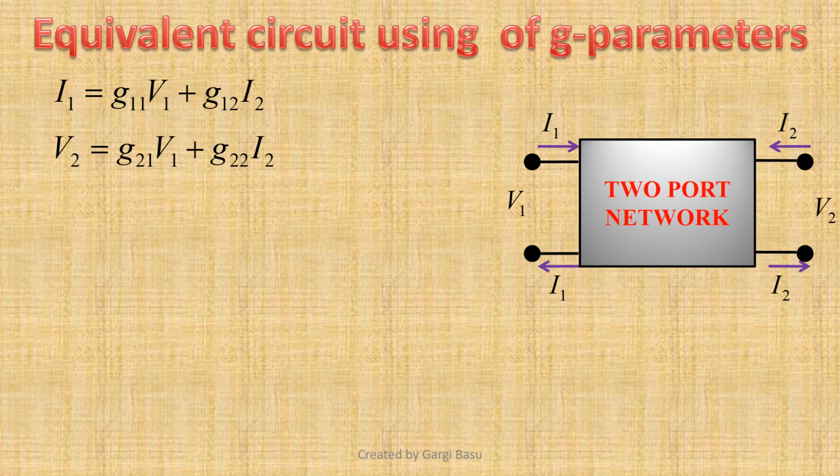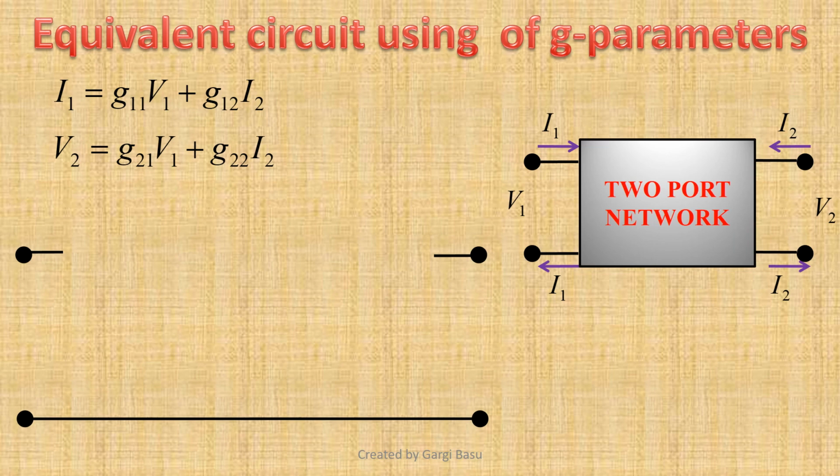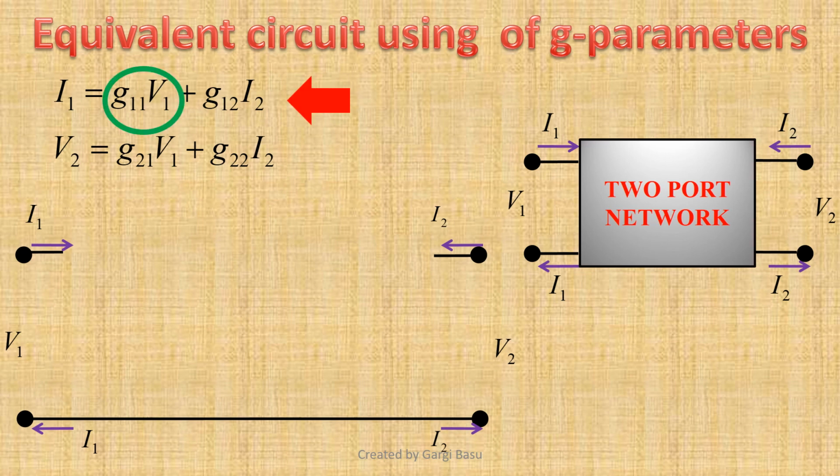We have to implement both the equations while drawing the equivalent circuit. Let us first draw the input and output ports and then let us assign the input and output port voltages and currents. Now, if we examine the first equation, then we find it contains two parts.